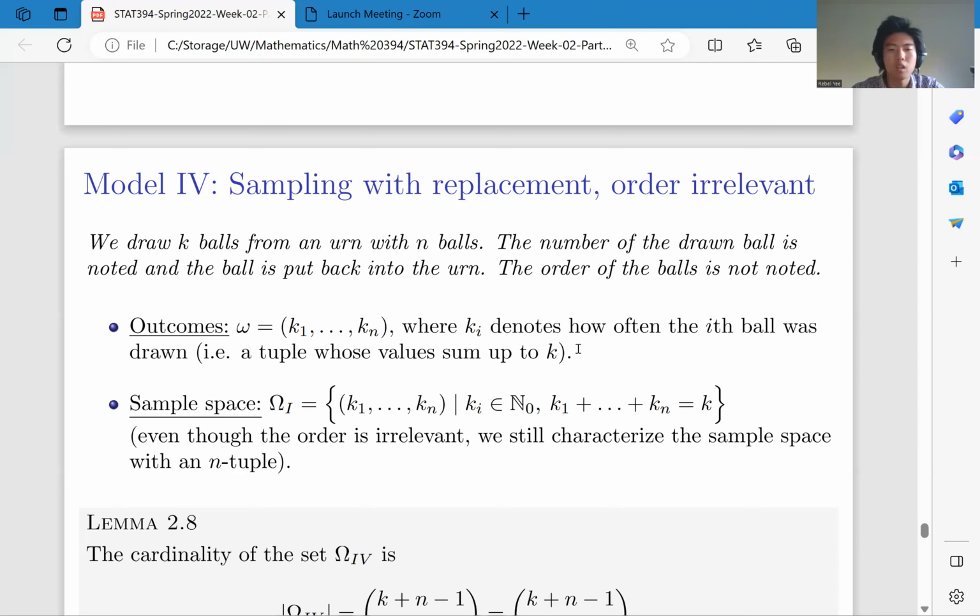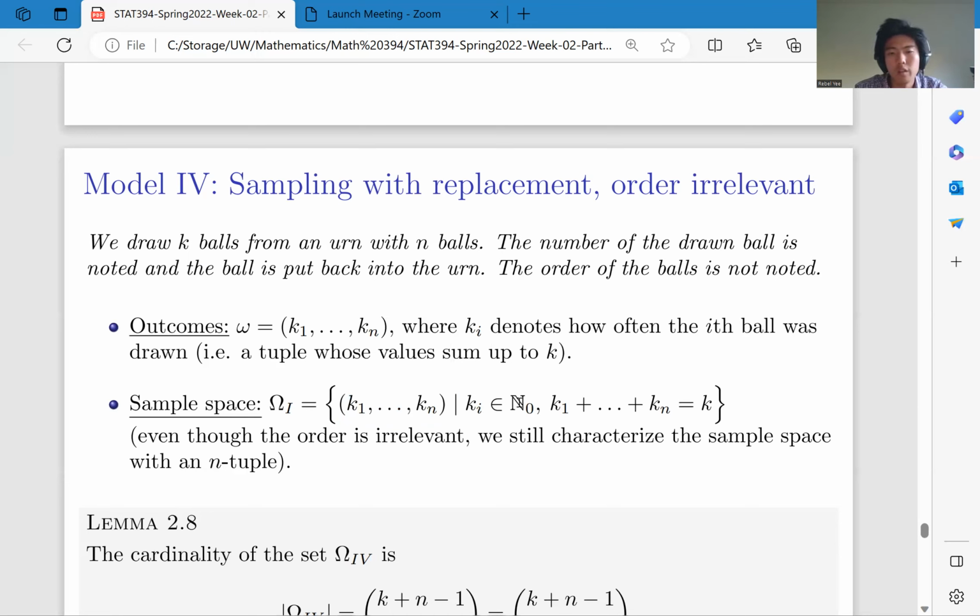And the sample space here is omega 4. This is denoted by a tuple from K1 to Kn, and Ki belongs to the natural numbers including 0, because if the ball is not drawn at all, it should be 0.